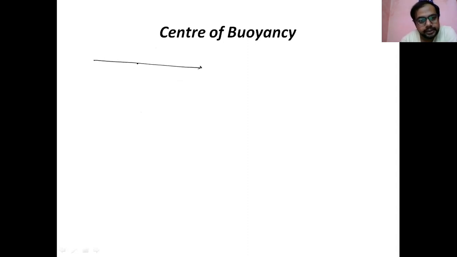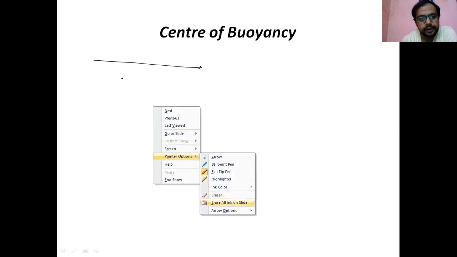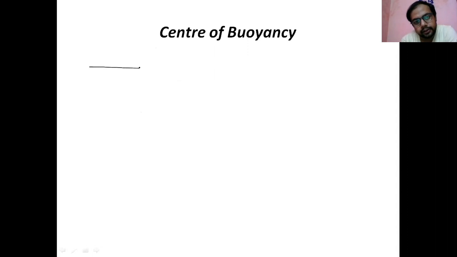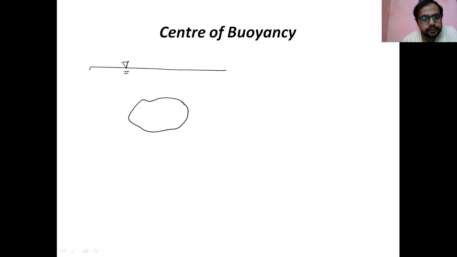So previously we were considering here a free surface and an arbitrary body. This direction is the Z direction, and this is the X direction we are taking. Over the body, initially we considered one vertical prism.